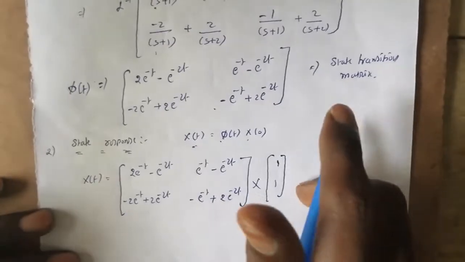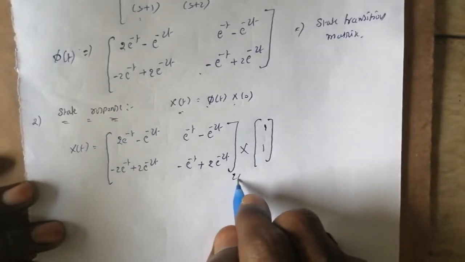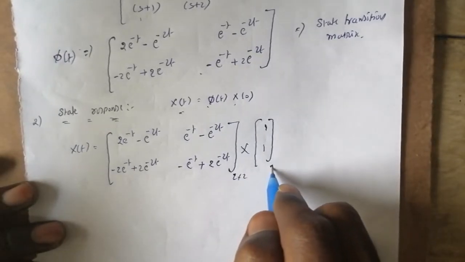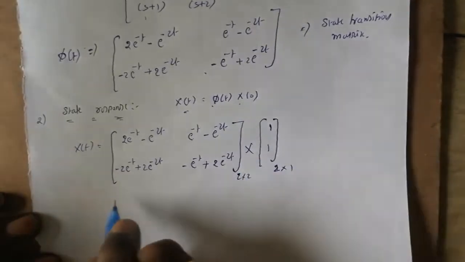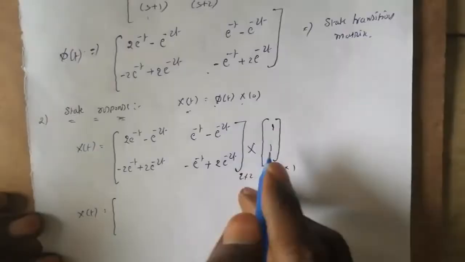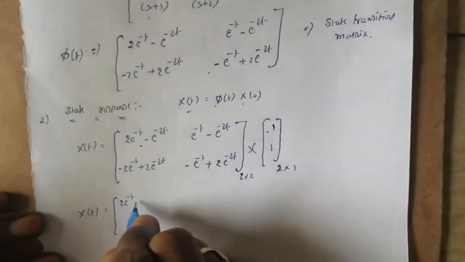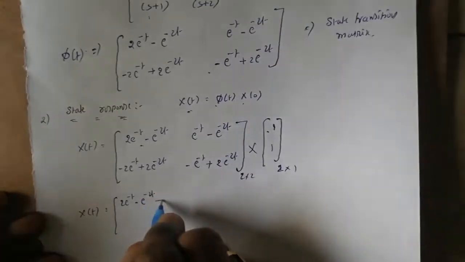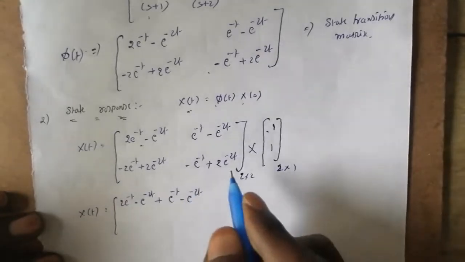If you multiply these two matrices, this is 2 by 2 and 2 by 1, so you will get a matrix in the form of 2 by 1. So x of t equals 2 e power minus t minus e power minus 2t plus e power minus t minus e power minus 2t.